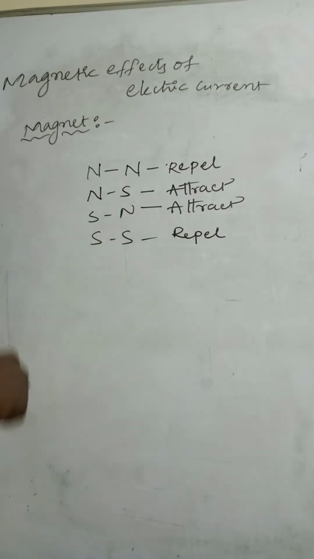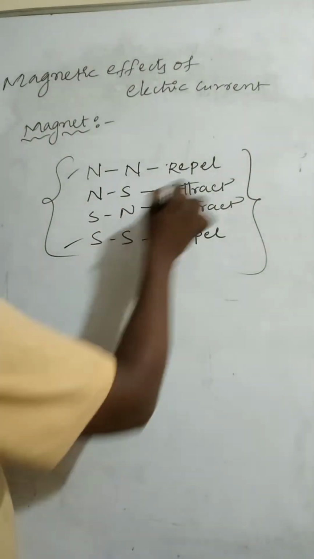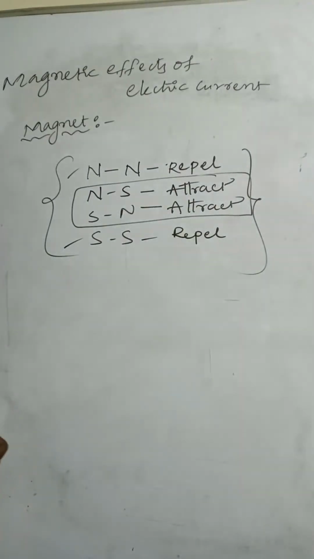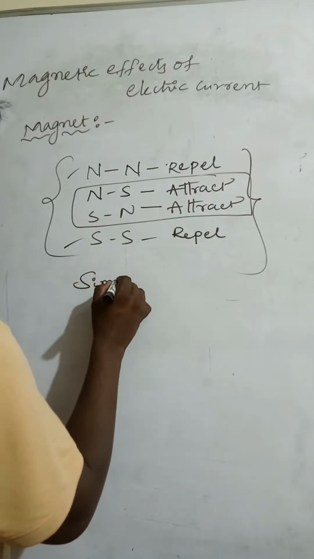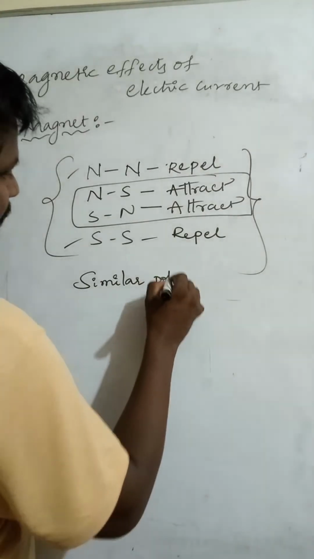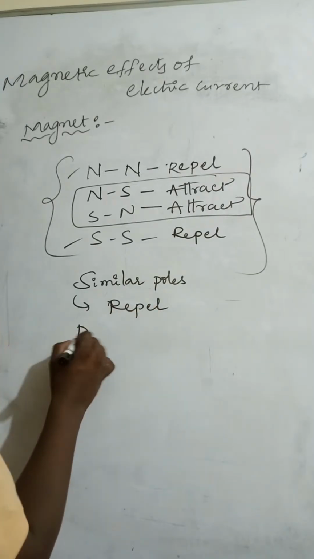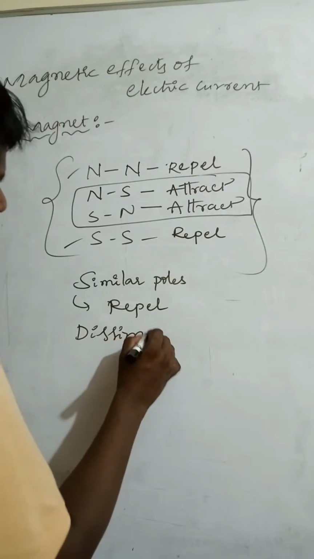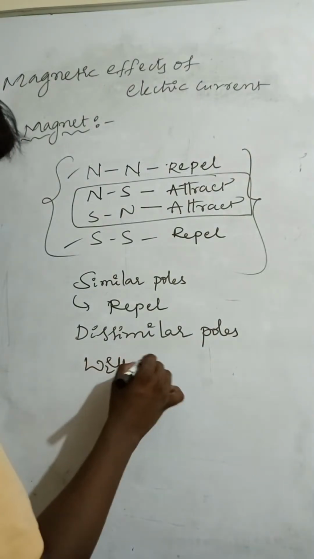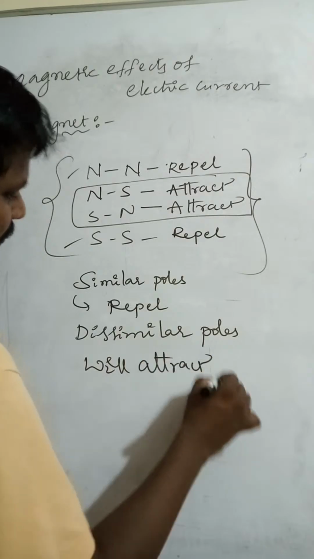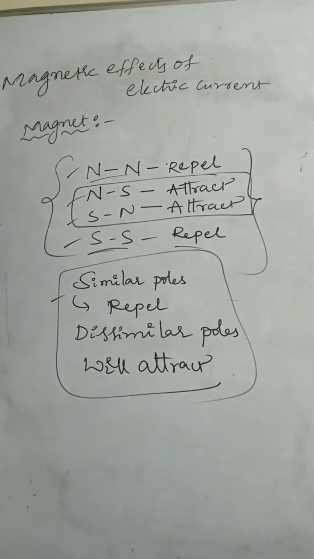This is about magnetic properties. By observing this, similar poles repel and dissimilar poles attract.